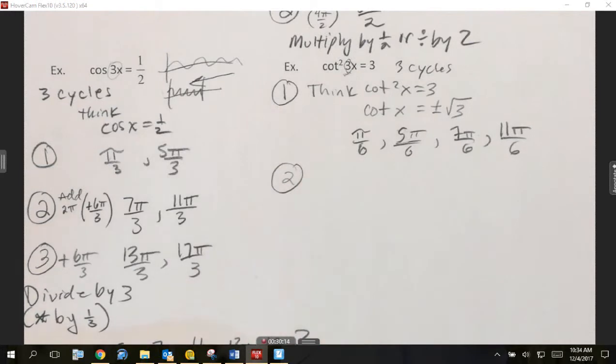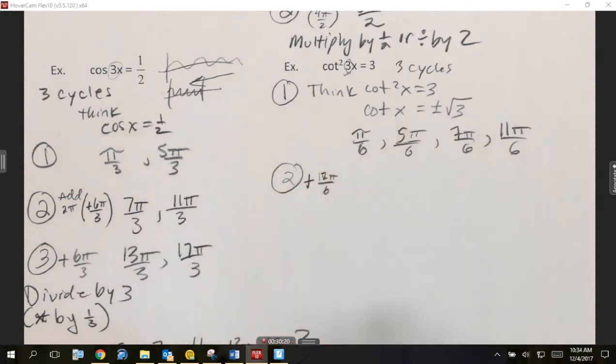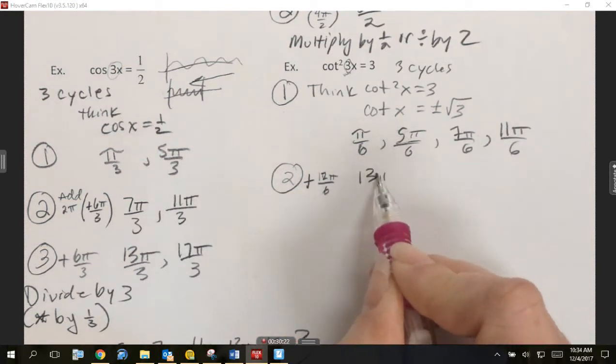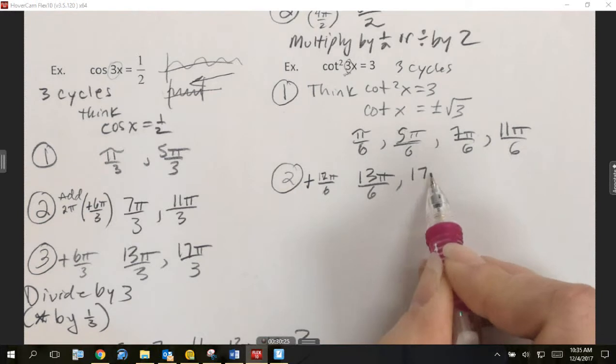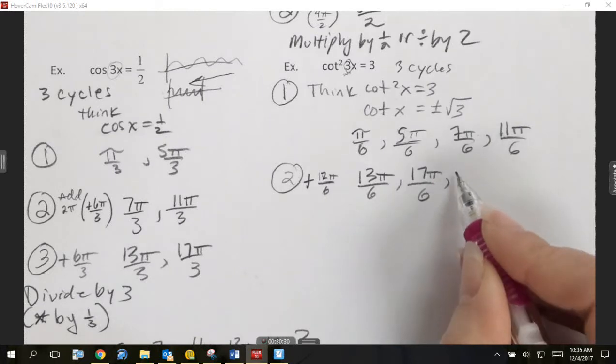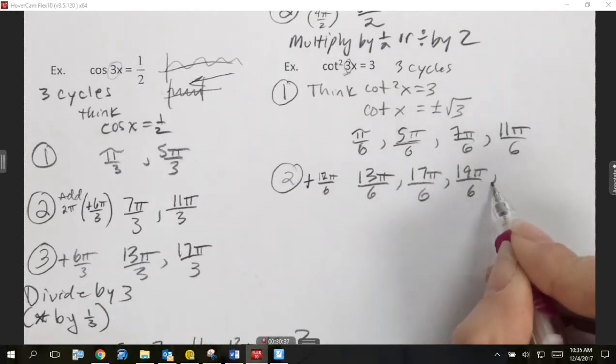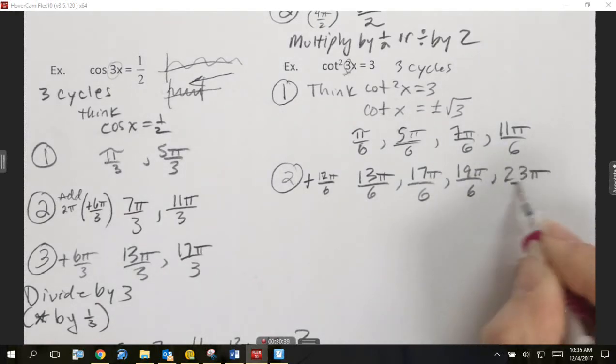The second cycle, I have to add on 2 pi, which is the same as adding 12 pi over 6. We get 13 pi over 6, 17 pi over 6, 19 pi over 6, 23 pi over 6.